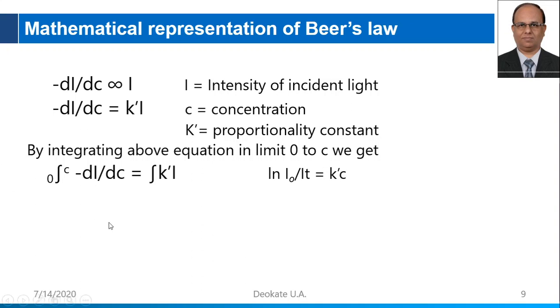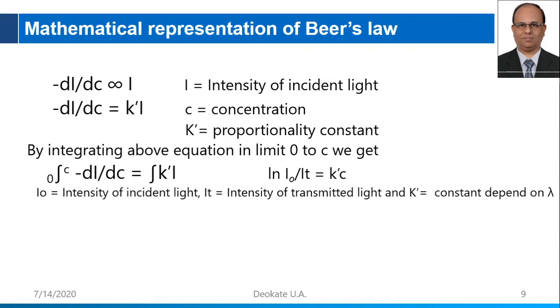So mathematically, if you integrate the equation, we get a natural logarithm equation, that is ln I0 upon I_T equals k dash C, where I0 is the intensity of incident light, I_T is the intensity of transmitted light, and k dash is a constant which depends upon the wavelength.